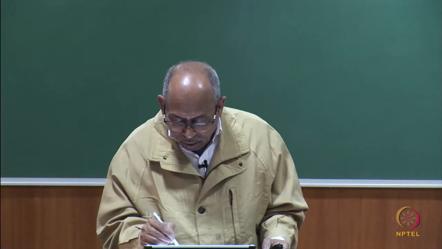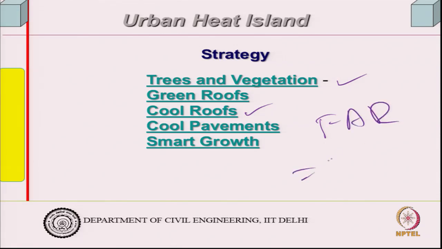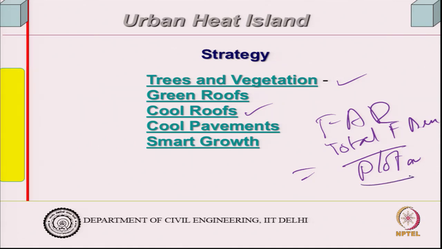What is floor area ratio? Floor area ratio is total floor area divided by plot area. So, if I increase the floor area ratio, in fact, I am allowing taller buildings to come up on the same plot, population density will increase, and it will also affect all kinds of temperature rise and things like that. So, urban heat island effect.